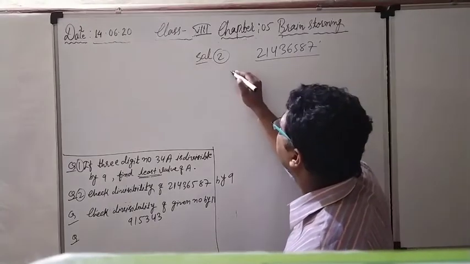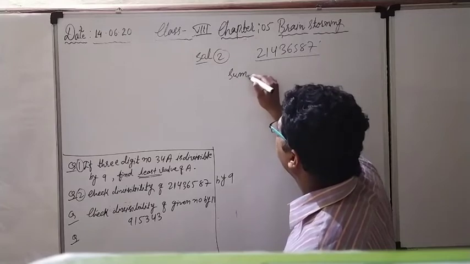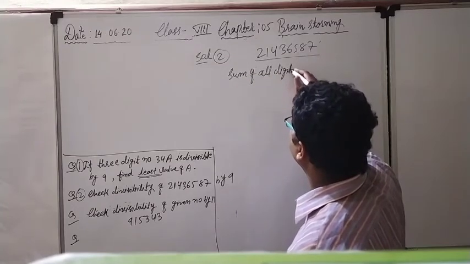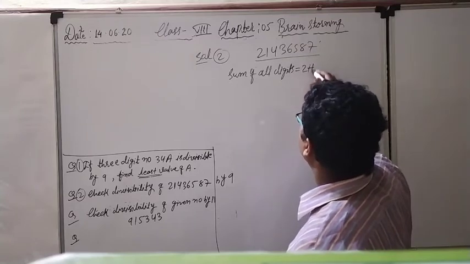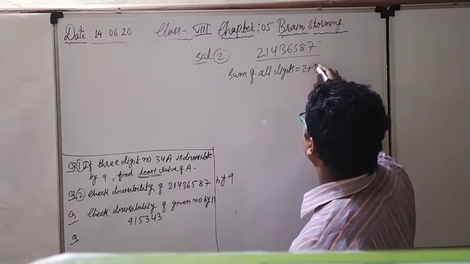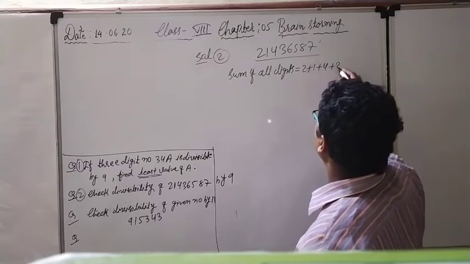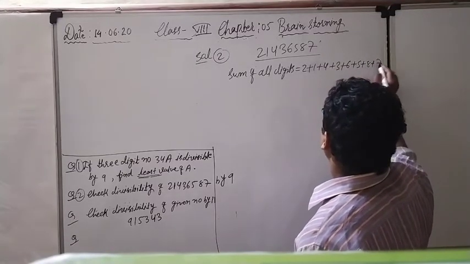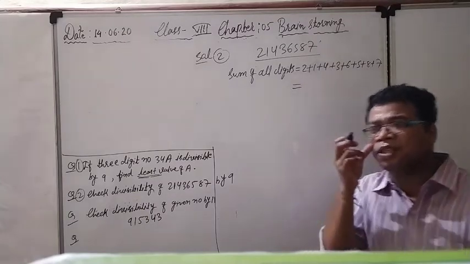So very easy. What we have to find out? Sum of all digits. Sum of all digits means 2 plus 1 plus 4 plus 3 plus 6 plus 5 plus 8 plus 7. What are the digits there in front of me?